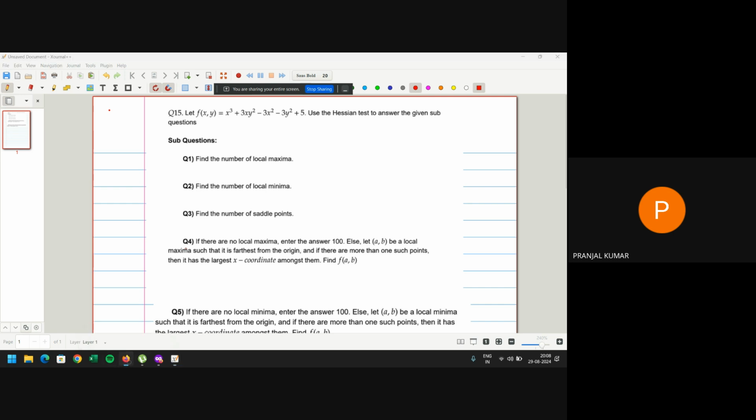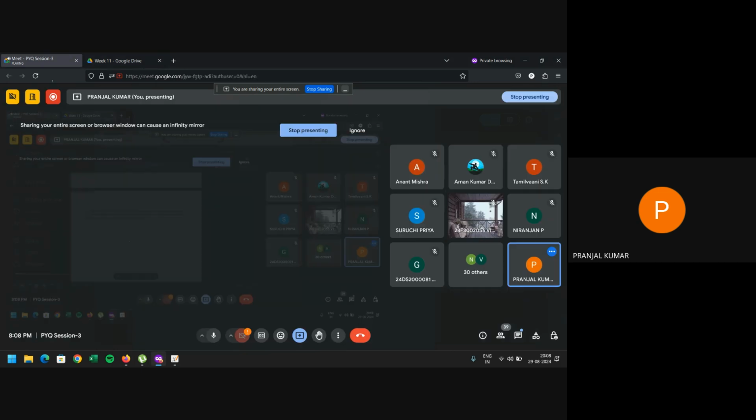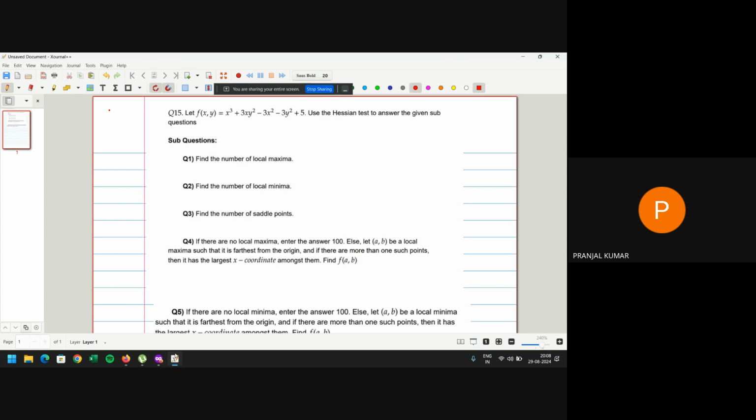Okay, back to the question. So we have been given a real valued multivariable function, and it is asking you to use the Hessian test to answer the given sub questions.